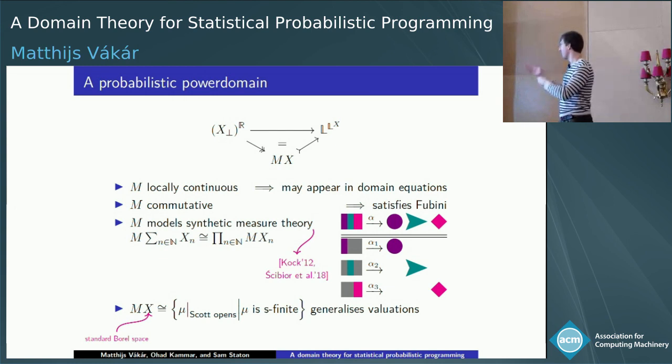Actually, Kock has a great paper, the 2012 paper, where he shows that you can reproduce a completely surprising amount of measure theory just from the rules of a commutative monad with this one extra axiom here. And in fact, we used it to prove correct sequential Monte Carlo last year. To prove correct trace MCMC, you needed a little bit more structure in the category, but hopefully that would transfer here as well.